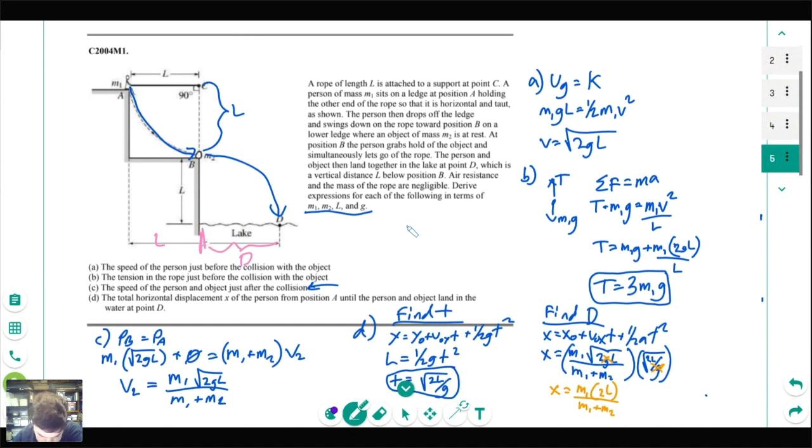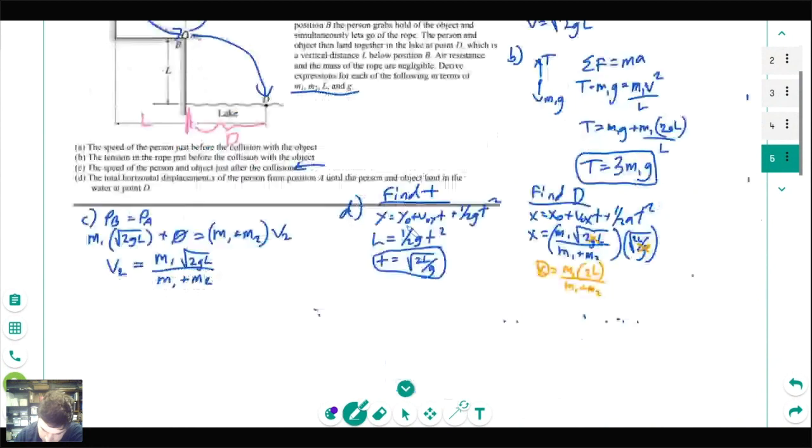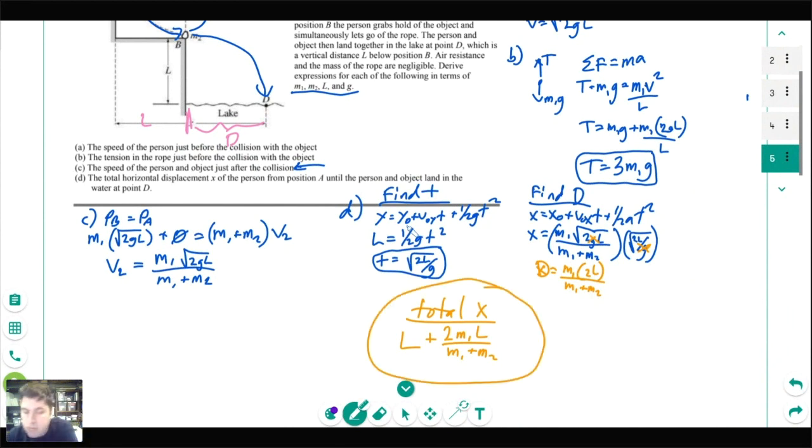And that means, I'm sorry, that's D. That means our total distance, the answer to part D, is going to be taking that and just adding them together. So the total distance is equal to L, because that's what it was from point A to point B, plus 2M1L over M1 plus M2. And there's our answer to that part of the problem.